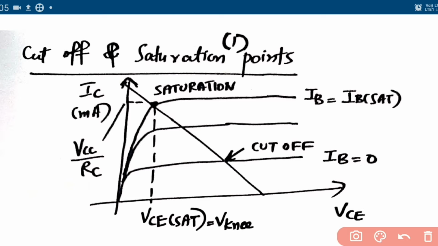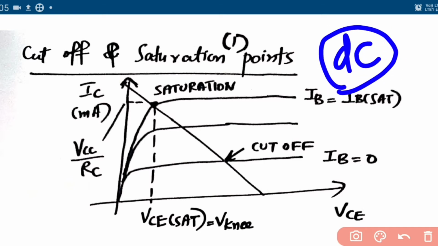We drew a DC load line. In a previous class, a few classes back, we had seen how to draw a DC load line. We did it for a common emitter circuit. So the DC load line that is shown here: on the x-axis we take VCE, the collector emitter voltage, and on the y-axis we take IC.